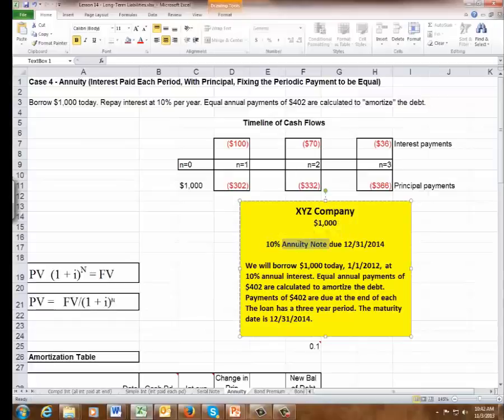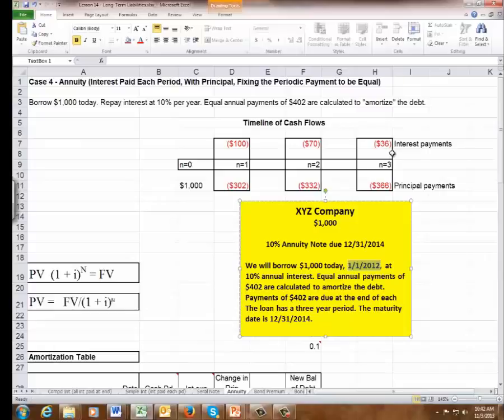This is an annuity note, and we borrow this money today on January 1, 2012, and the term of the note ends on 12/31/2014. So here we are in the timeline at January 1, 2012. Here we are at 12/31/2012, 12/31/2013, and 12/31/2014.